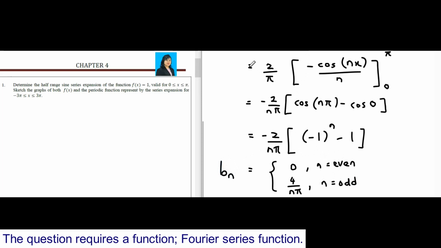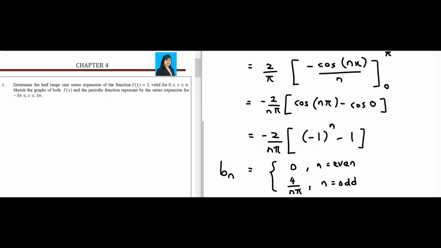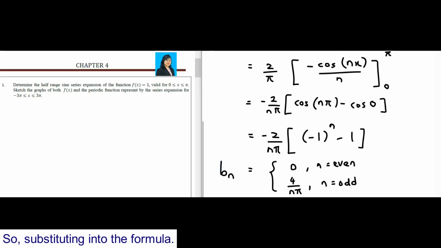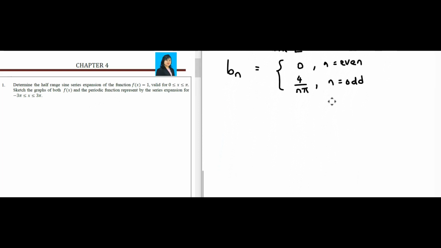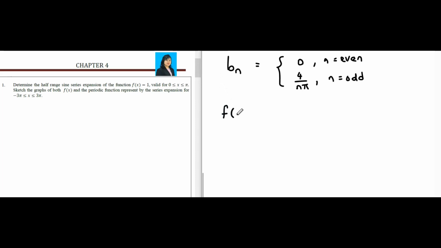So the question requires a Fourier series function. So substituting into the formula, Bn sine nx.